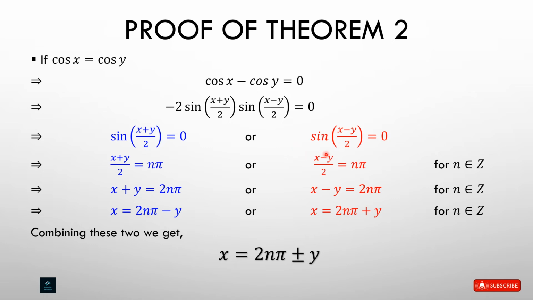Sine of (x minus y) by 2 equal to 0 implies that (x minus y) by 2 has to be an integer multiple of pi. This means that x minus y is equal to 2n pi, and this means that x is equal to 2n pi plus y. Combining these two, we can see that y can have both the sign minus or plus. Therefore, we can combine to get x is equal to 2n pi plus minus y.